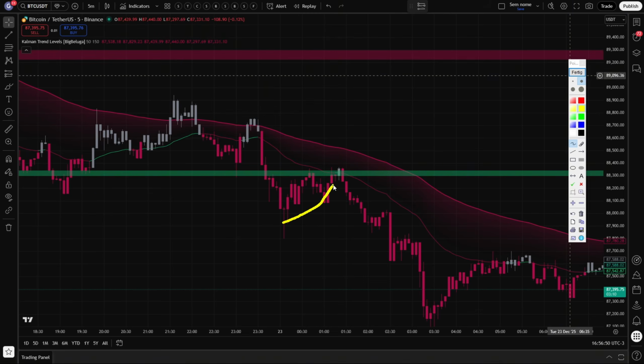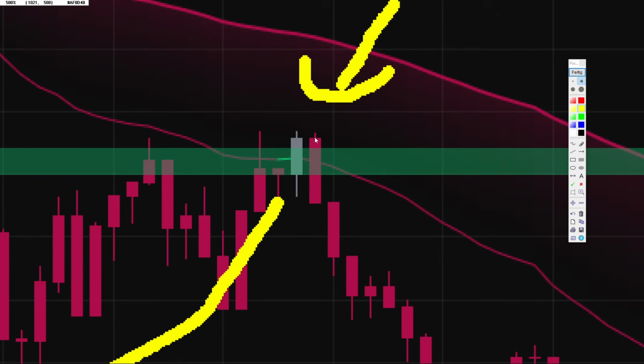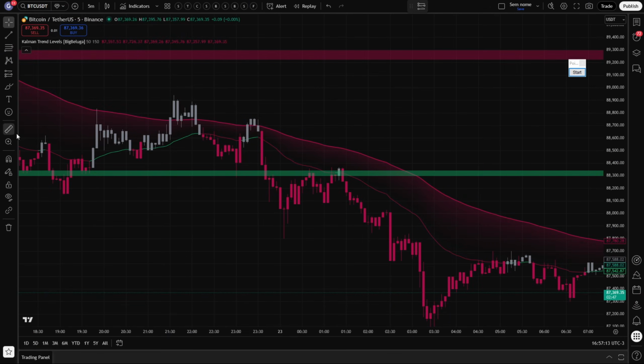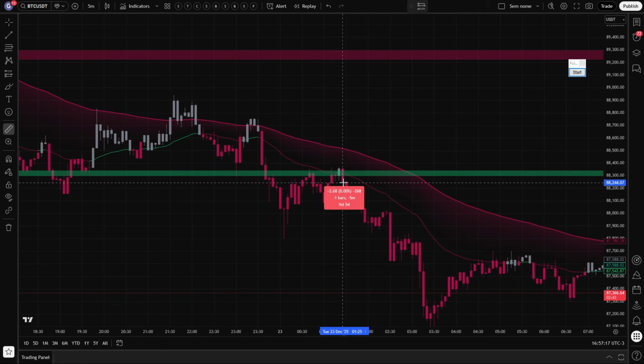Therefore, when the price enters the KALMAN cloud zone, precisely at this resistance level, and then creates a plummeting candle, a very strong red candle such as this one, which moreover completely engulfed the prior candle, that's precisely when we pinpoint our sell trigger. So basically, we're going to place a sell order here at the close of this 5-minute candlestick.